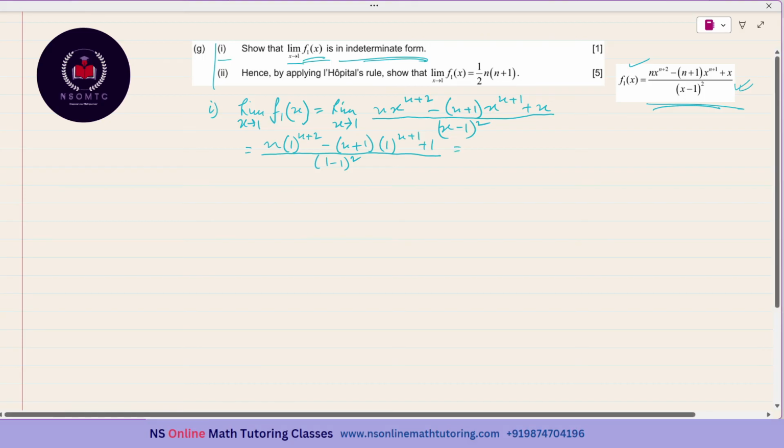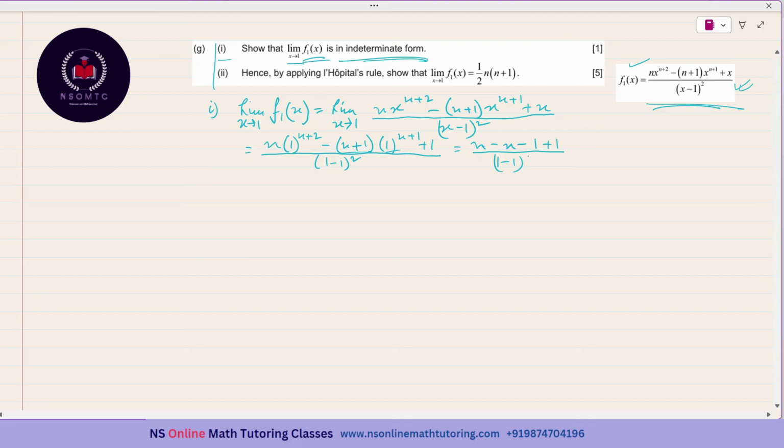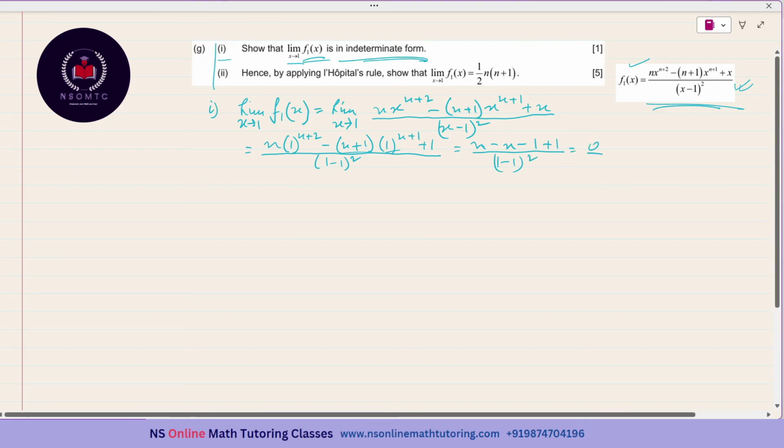So this is n minus n. This is 1, so I can expand this minus n and minus 1 plus 1 over 1 minus 1 whole square, which is equal to 0 over 0. Indeterminate form.